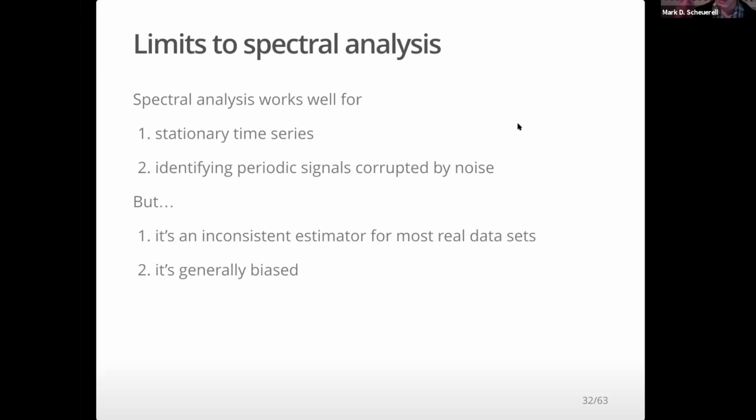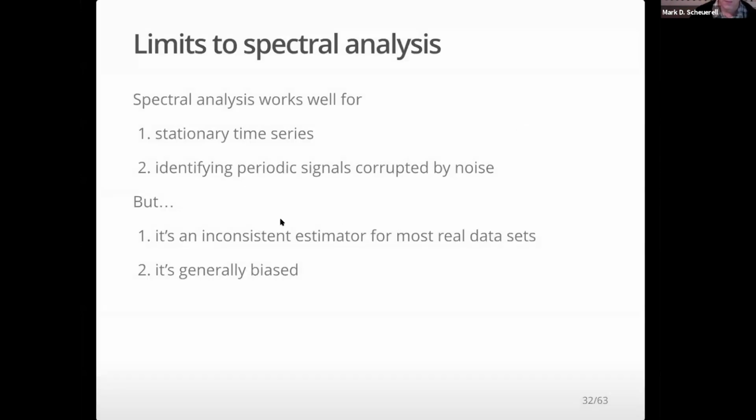Now, if you've got an animal hooked up to an EKG and you can just let that thing run, spectral analysis will work great because there's not going to be any gaps in it, unless you have some power outage or something like that. You can just let it run for a long time, so you get a lot of signal. There's not a lot of noise in there, and they don't tend to be gappy.